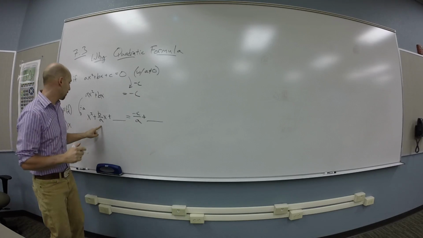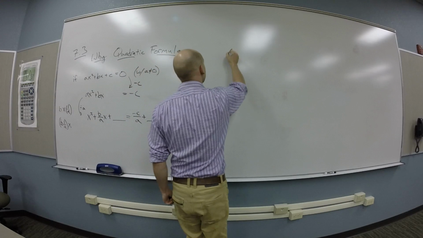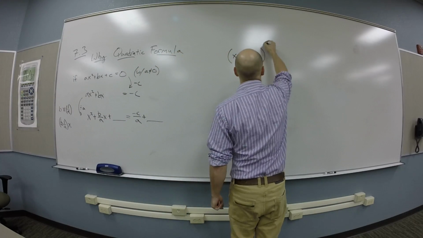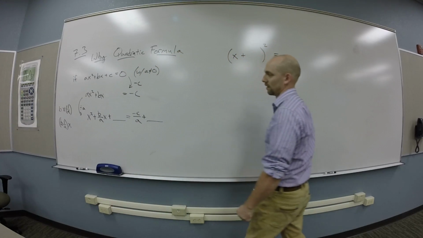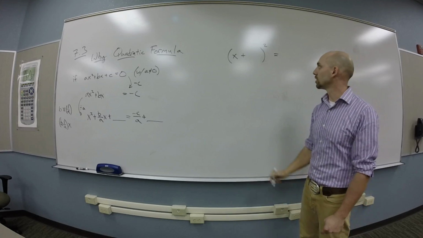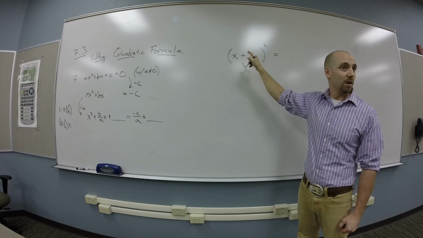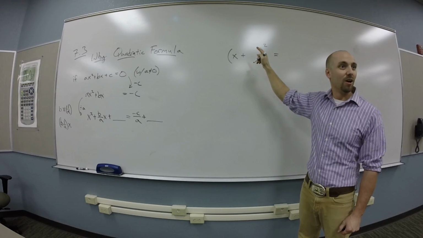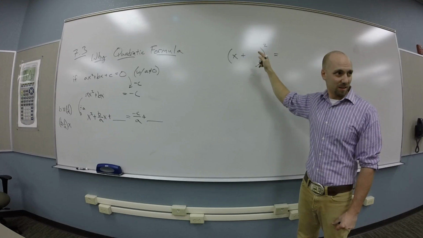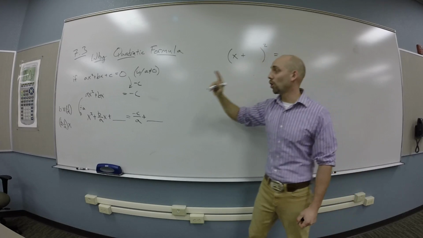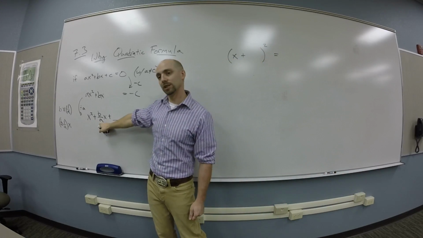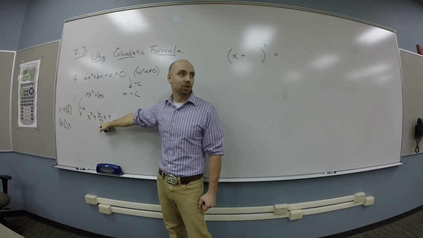Now I want to think about this as x plus something, squared, right? So what's the something that goes here? It's b over a times x divided by 2. Do I need the x? No, because remember, I take the coefficient on x, that's b over a, and I divide it by 2.